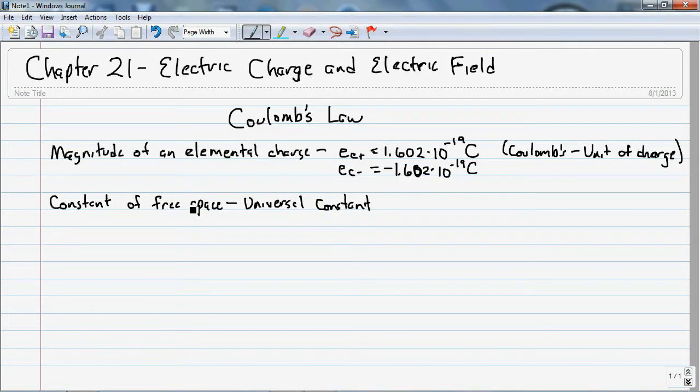No matter where you go in the universe, you'll always measure this value, and that's epsilon naught, and that's equal to 8.85 times 10 to the minus 12th. The units are coulombs squared per newton meters squared.